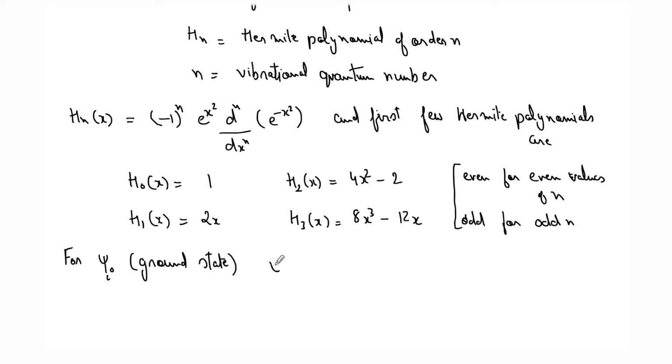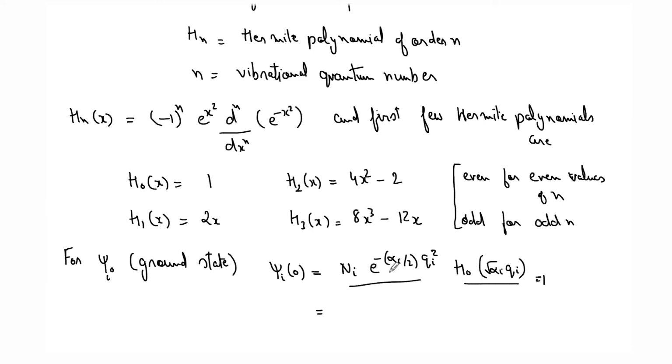So psi i0 is equal to Ni e to the power minus alpha i by 2 qi square, times H0 of x, where x is square root of alpha i times qi. Now it does not matter what x is, H0 goes to 1. So this quantity is equal to 1, right? And now we are left with this quantity.